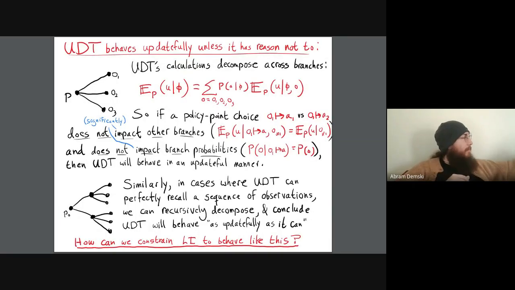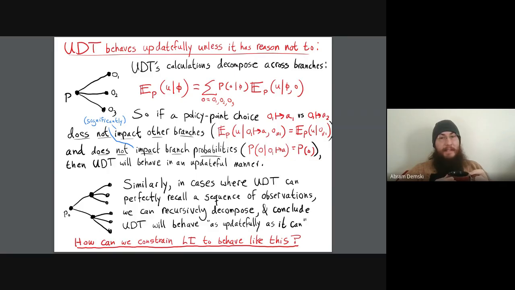That was to illustrate this more general phenomenon that for UDT, that is empirically updateless but not computationally updateless, we behave updatefully when it's appropriate to do so.